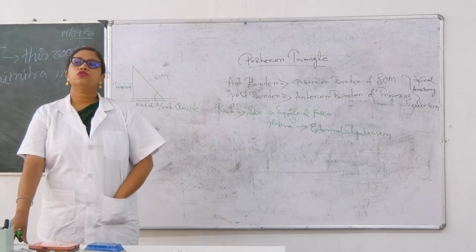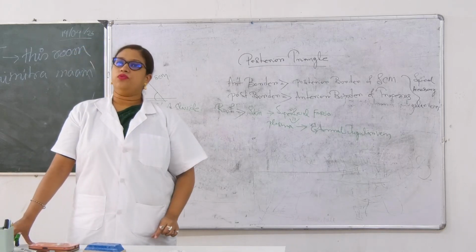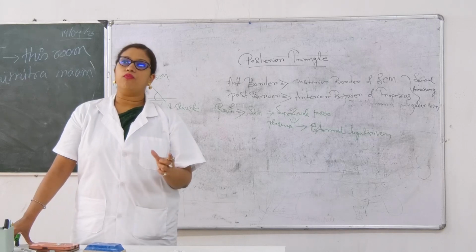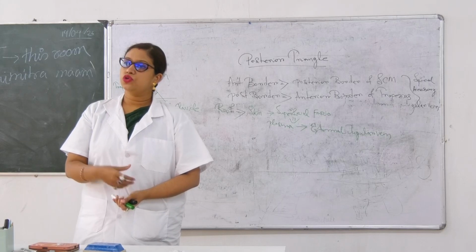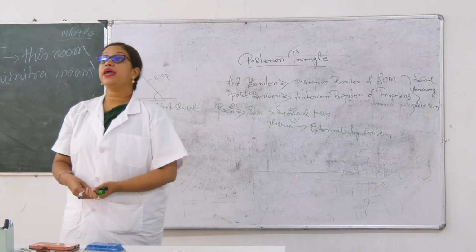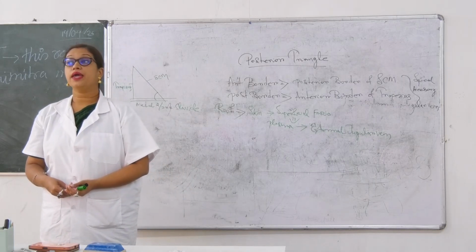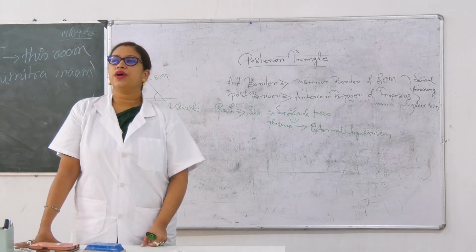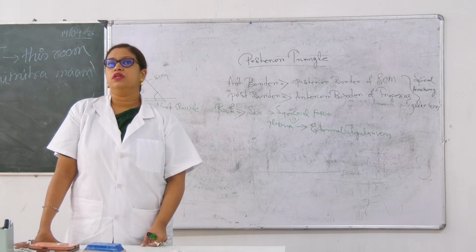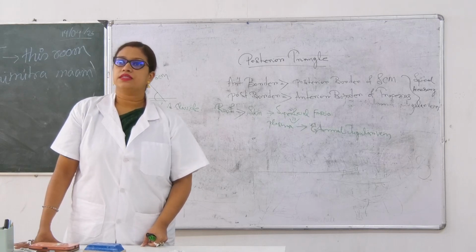So suppose the cut remains and the vein surface is open, what will happen? Air will go into that area. If air enters, what will happen? There will be air embolism, pulmonary embolism, and it will cause sudden death. That is why it is very clinically important. So this is point number 1 of the external jugular vein.